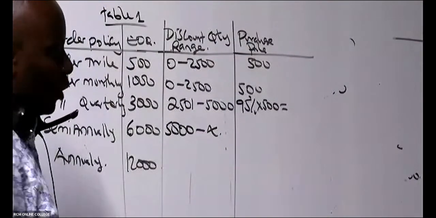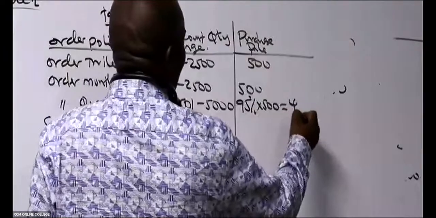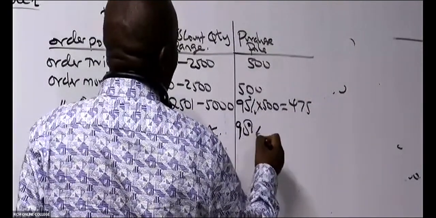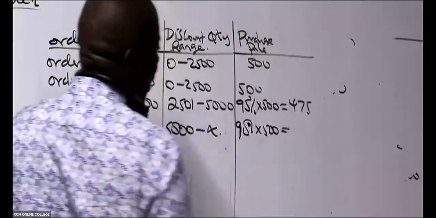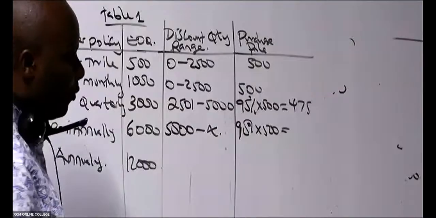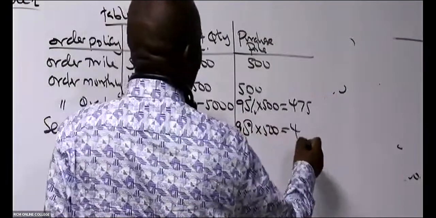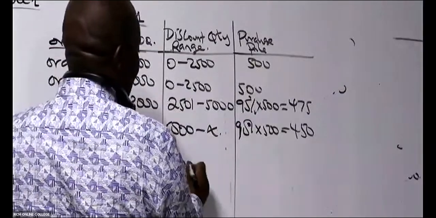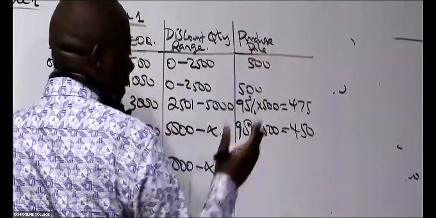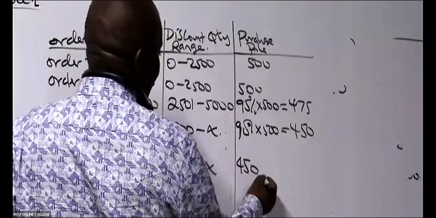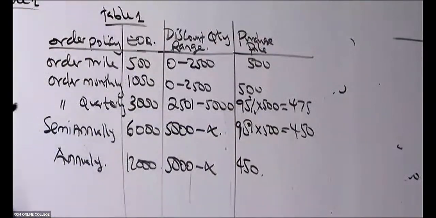So it will be not 10, but 90, 90% of 500, which gave you guys what amount? 450. Thank you so much, Maggie. And then, of course, you can see these will still fall in this class of 5,000 to infinity and above. So then the 450 will apply there.